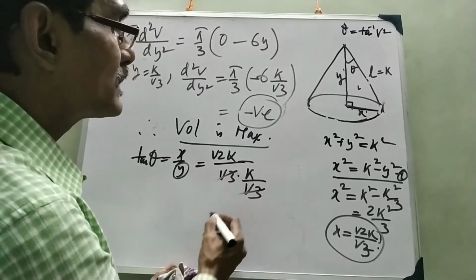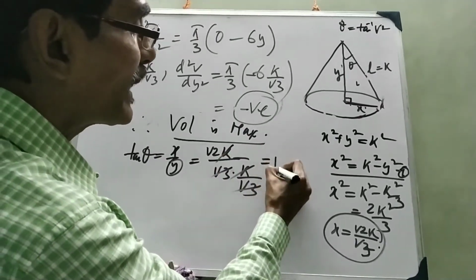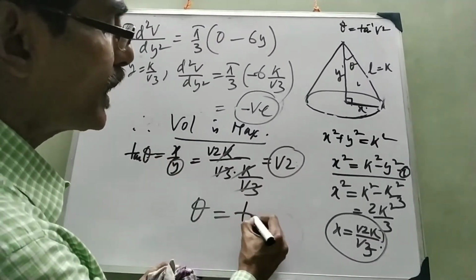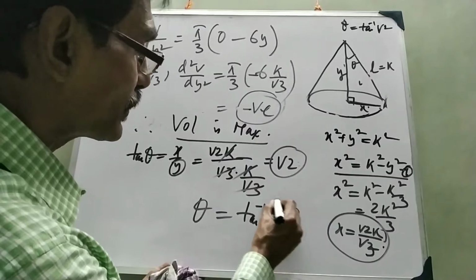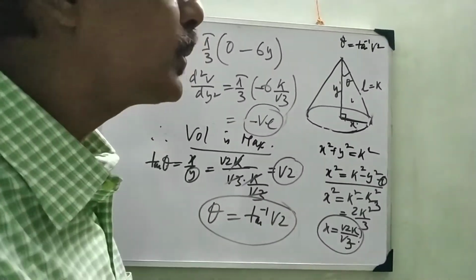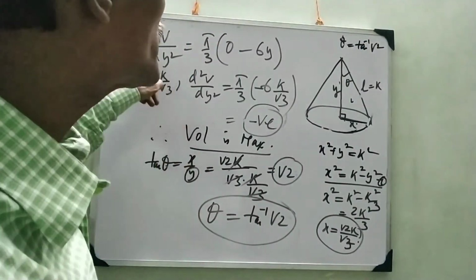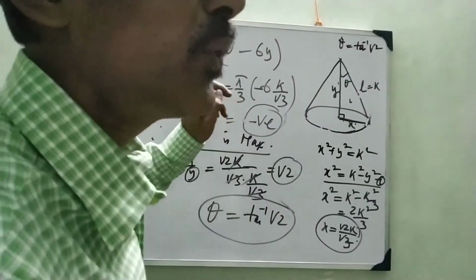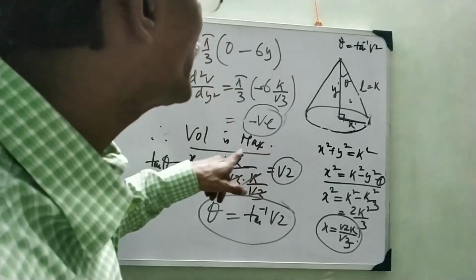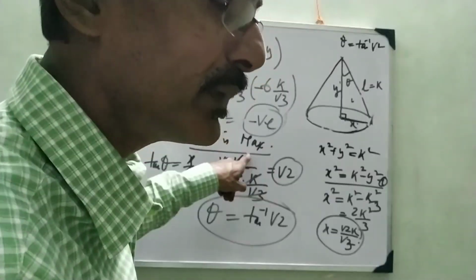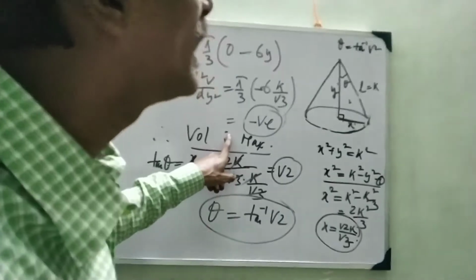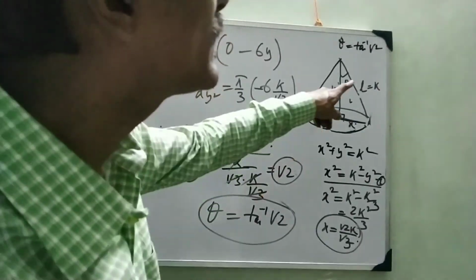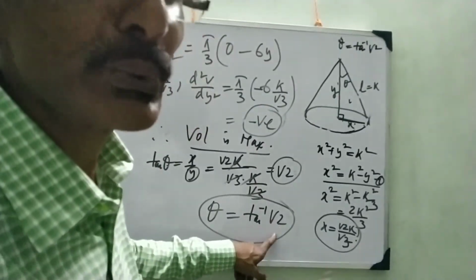Root 3 cancels, k cancels, and we get root 2. So finally theta equals tan inverse root 2. What conclusion can we draw? As the second order derivative is negative, the volume, the main function of the question, is maximum, and this maximum occurs when the semi-vertical angle theta is tan inverse root 2.